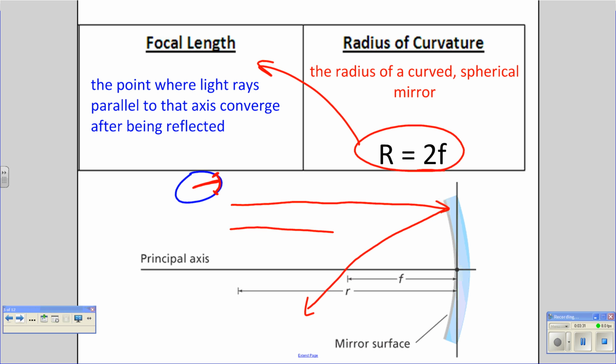The focal point is that focal length away from the mirror. Any light coming in parallel will bounce off and go through that point. You'll see focal length represented with a lowercase f, for focal length or focal point.